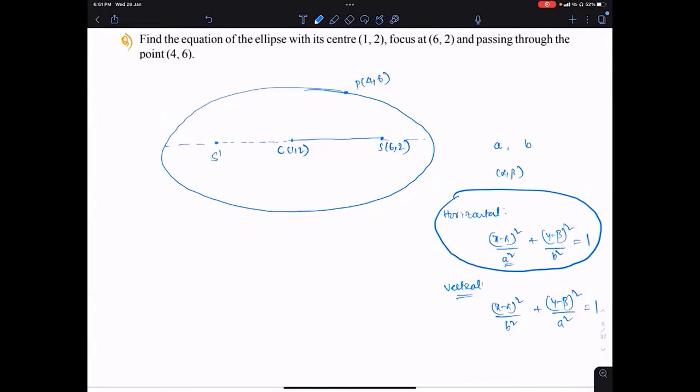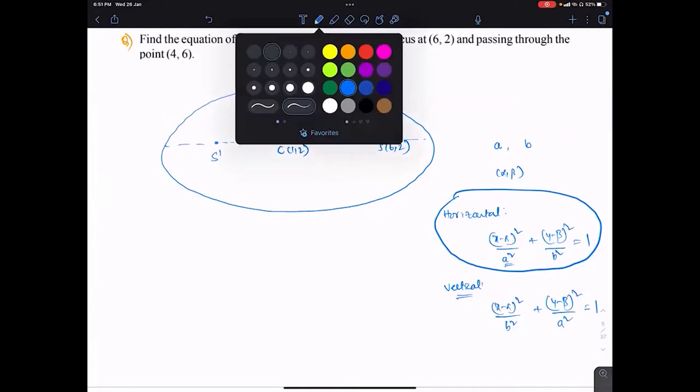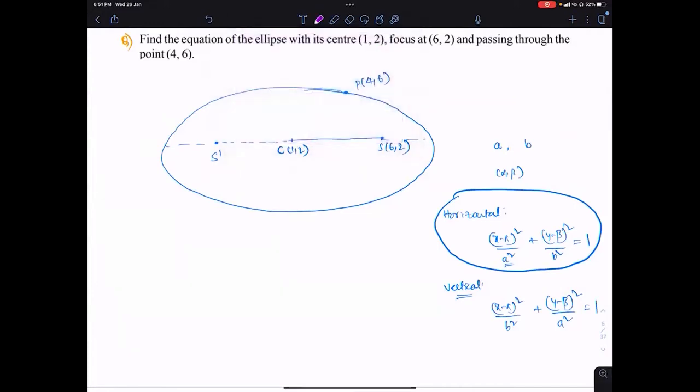How to find them? Simple, guys. In ellipse you have this property: SP plus S dash P will be 2A. And how to find S dash? Because the midpoint of S and S dash is C only, so you can find S dash. That's not a big task. So SP plus S dash P is 2A.